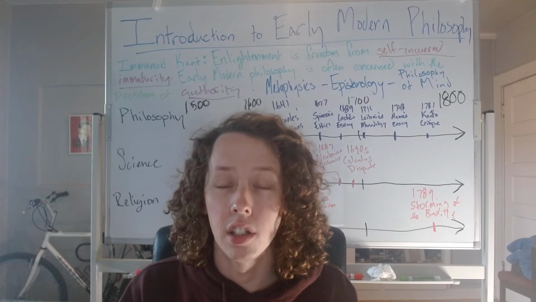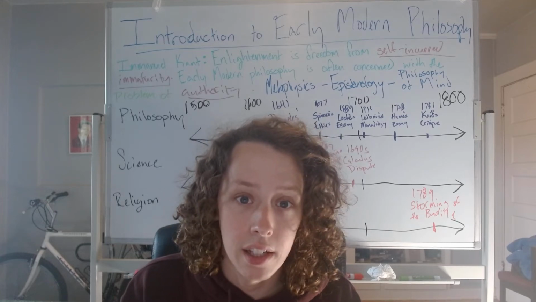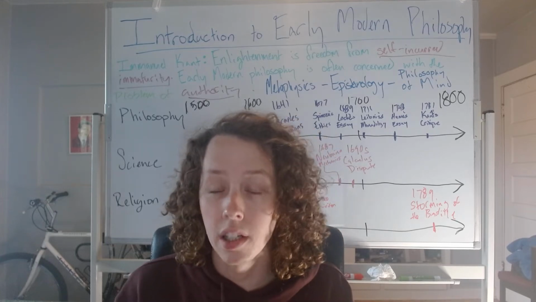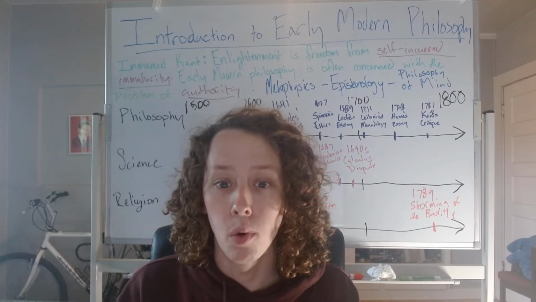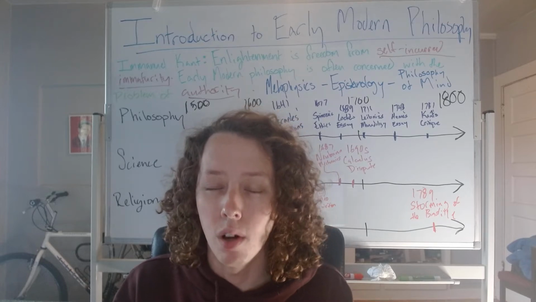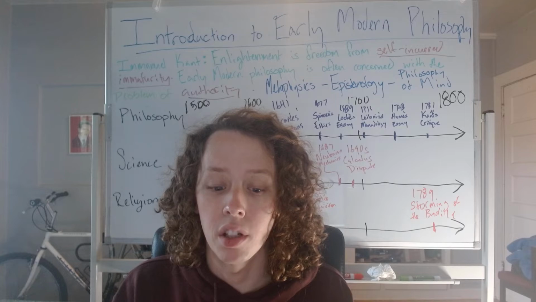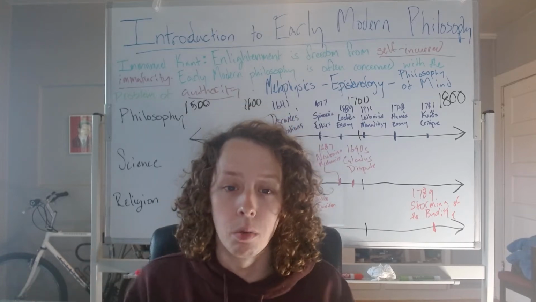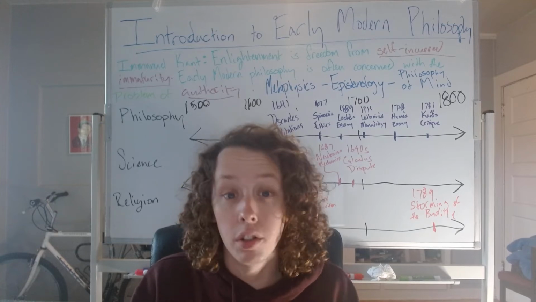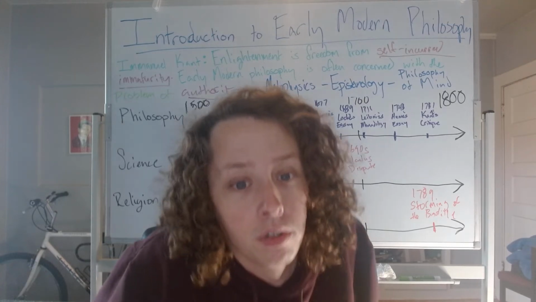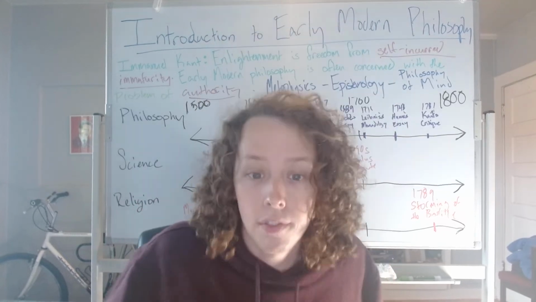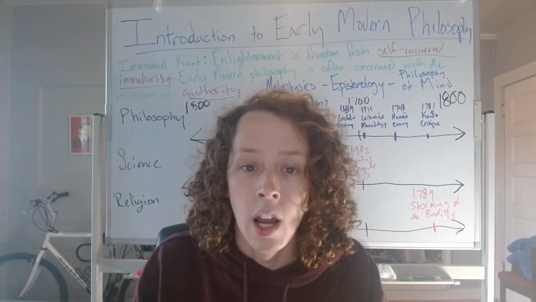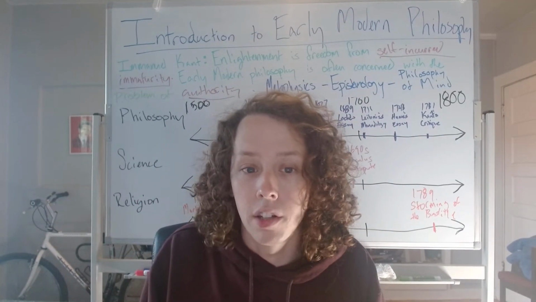If you're a major and you've been in other upper level classes before this one, there probably were references to one or more of the figures that we're going to talk about, either drawing directly on their work in order to use some of their concepts to solve a philosophical problem, or as a kind of jumping off point, right?